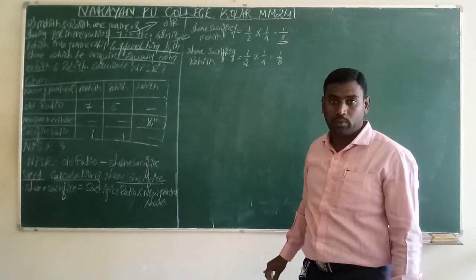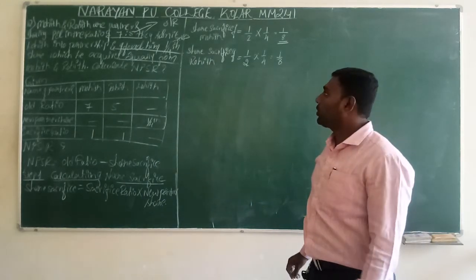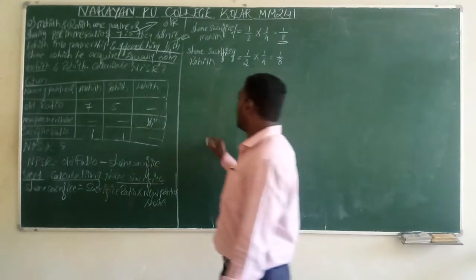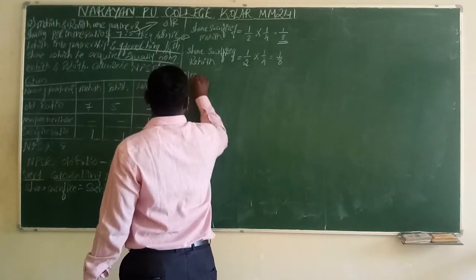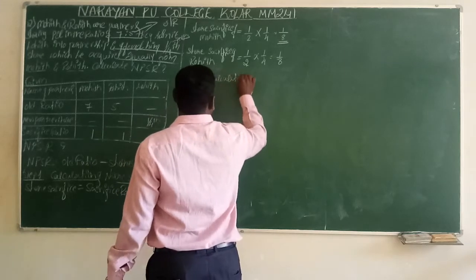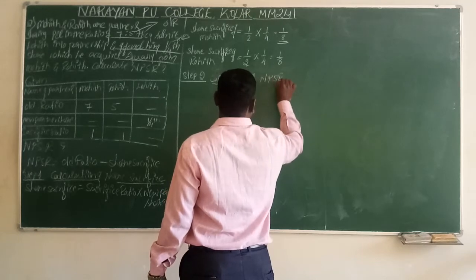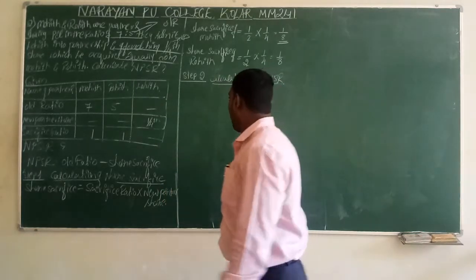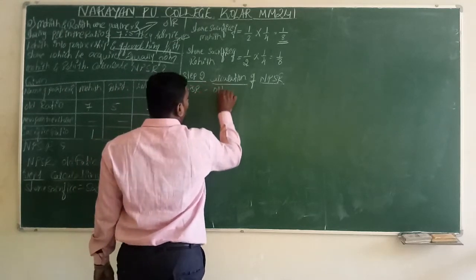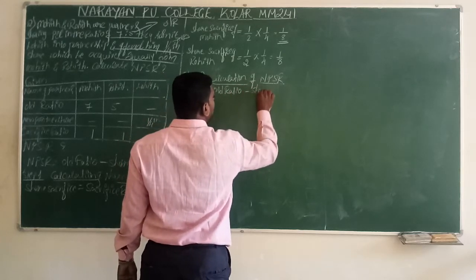So now with the help of this, we move to the calculation of the new profit sharing ratio, that is step 2, calculation of NPSR. For this we write the formula: NPSR is equal to old ratio minus share sacrifice.